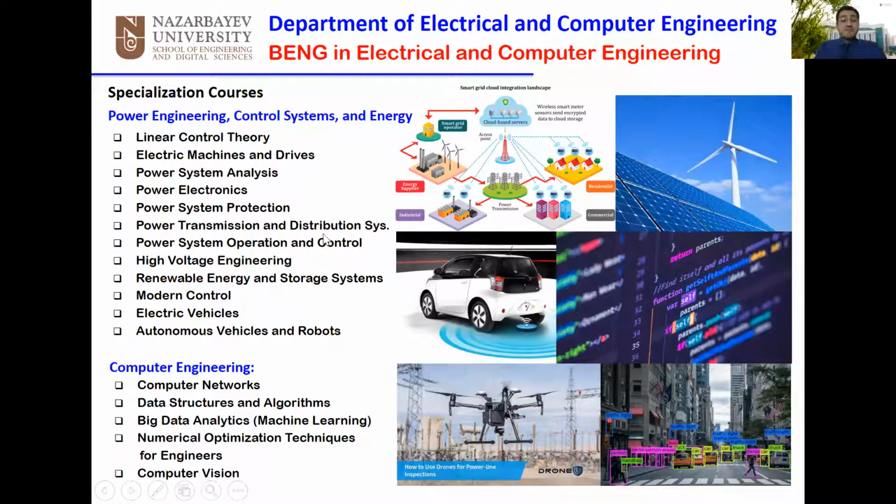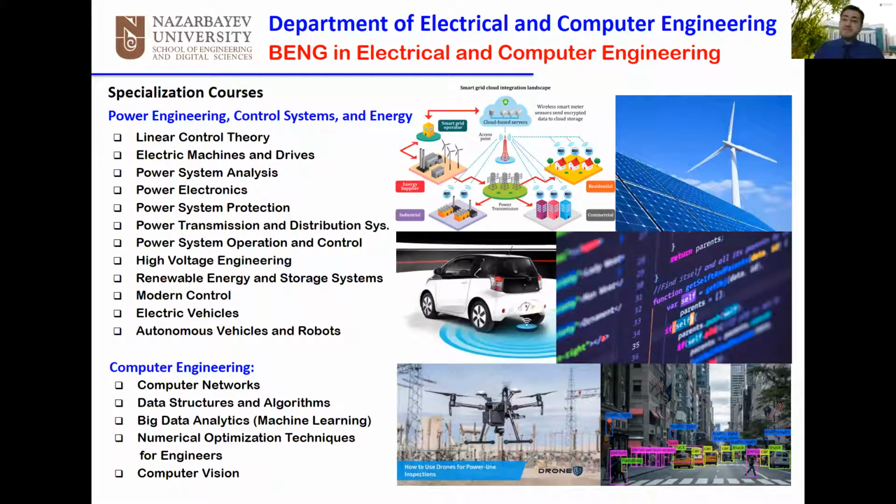Anyway, power transmission and distribution systems, power system operation and control, high voltage engineering, renewable energy and storage systems. You know how important renewable energy is. Modern control, electric vehicles. You have seen the regulations about electric vehicles all over the world.